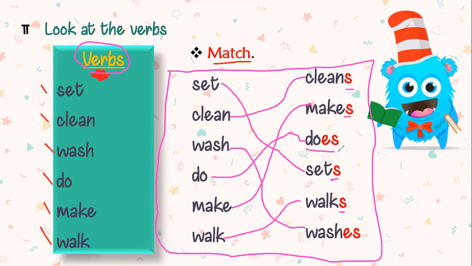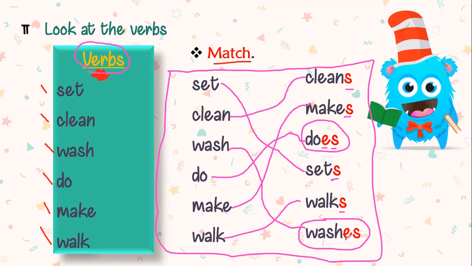As you can see here, now the verb do, when we conjugate the verb, here we have ES. And this is not the only one. Here we have another verb. These are irregular verbs where the form changes. So we must pay close attention to conjugate well.